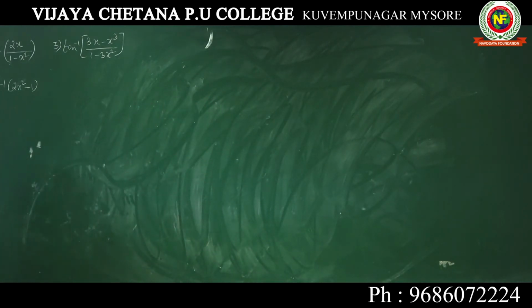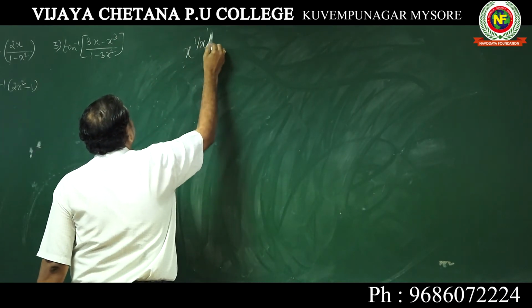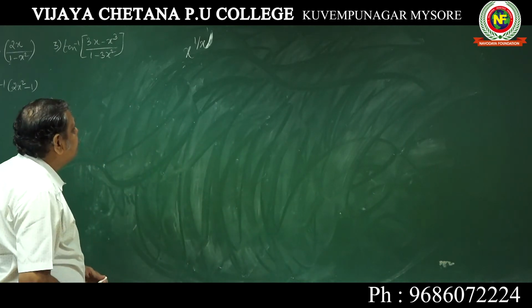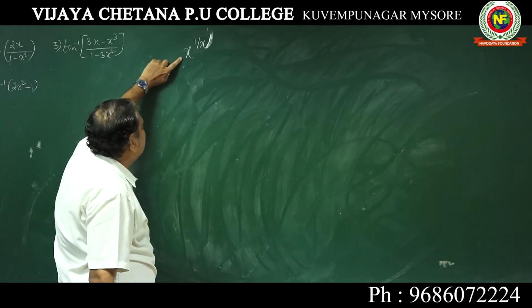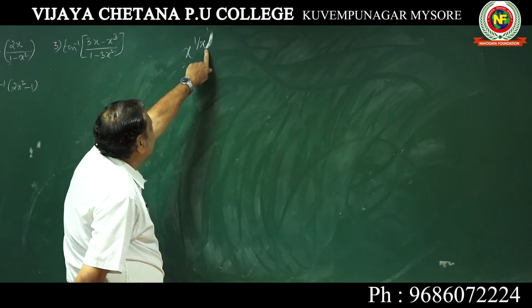Take the next problem. Differentiate x to the power of 1 by x with respect to x. See here, first you should identify it is a logarithmic function, because this is also a function of x, the index is also a function of x.